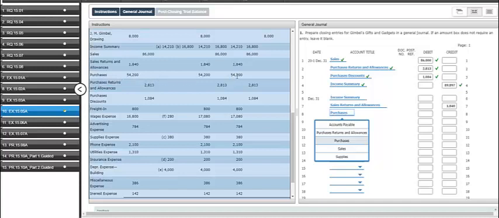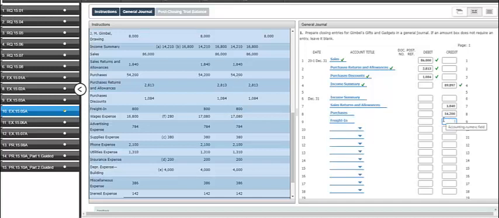It has a debit balance of $54.02, so we're crediting for $54.02. The next account is freight in with a balance of $800, so we're crediting for $800. Wages expense has a debit of $17,080, so we're crediting for that amount.